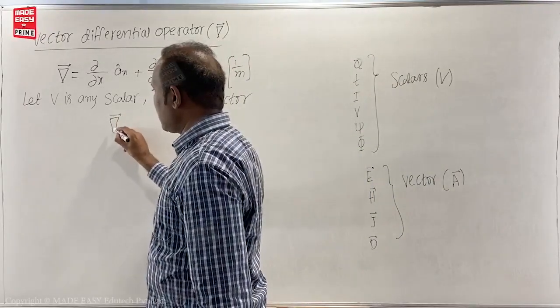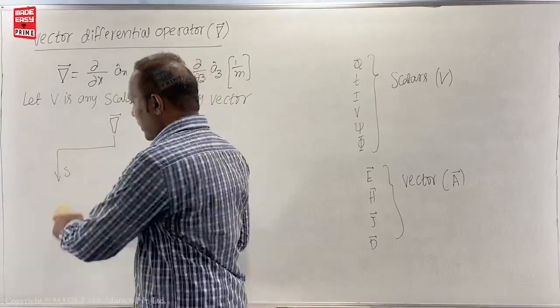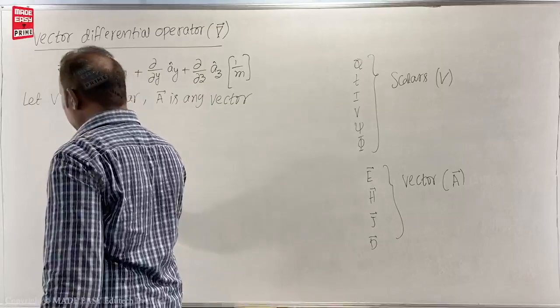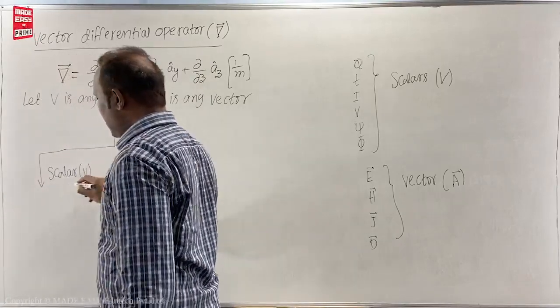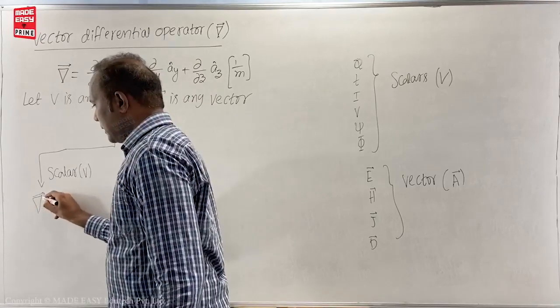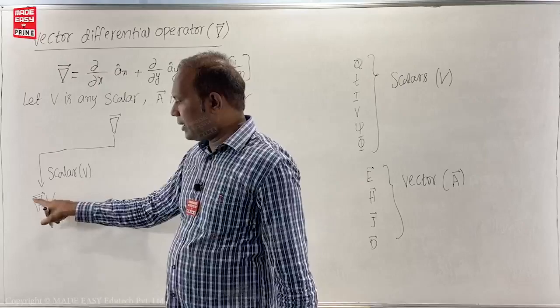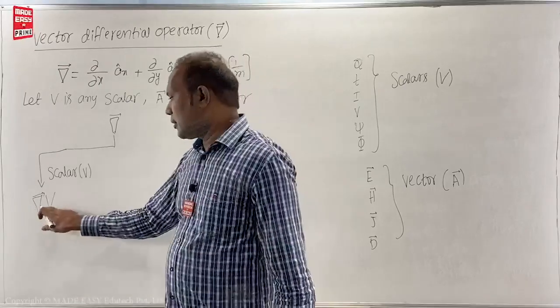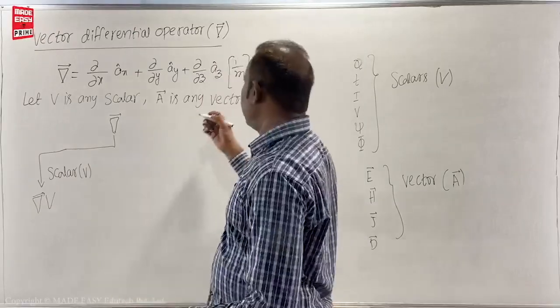This is actually a vector, students. Now if you want to operate this with any scalar V, then you will operate like this. Here the scalar is multiplied, and multiplied means no dot, no cross, you simply write side by side. So like this I will explain.